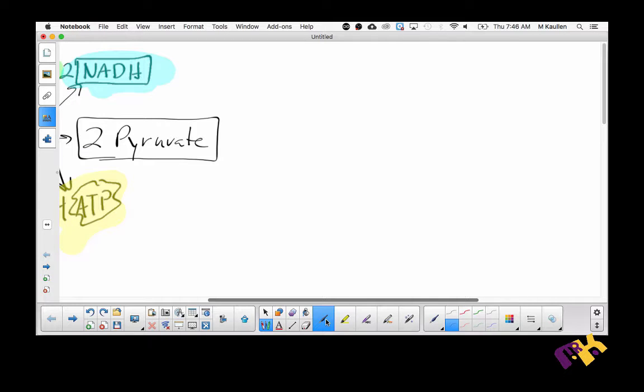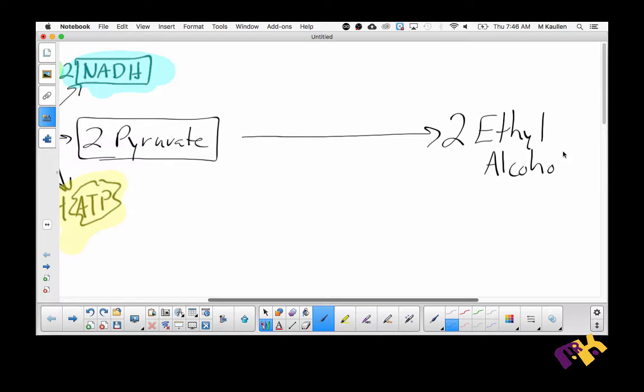All right. So what are we going to do with these couple pyruvate? Well, we're actually going to convert the 2-pyruvate into 2 molecules of ethyl alcohol, or ethanol. We can mention here that pyruvate is a 3-carbon molecule, and ethyl alcohol is a 2-carbon molecule.